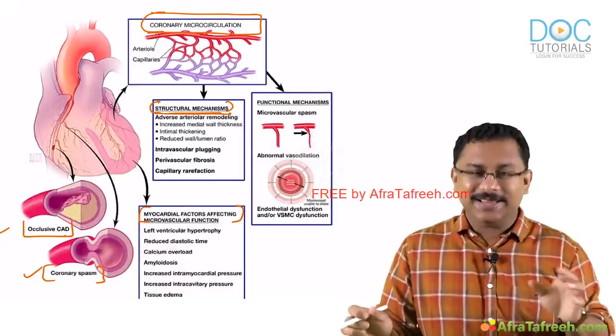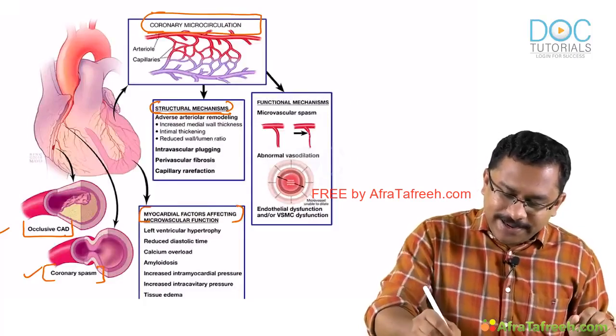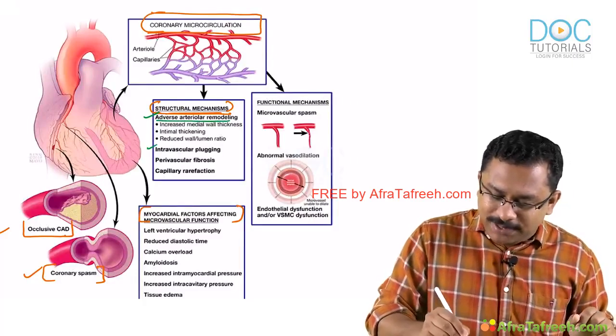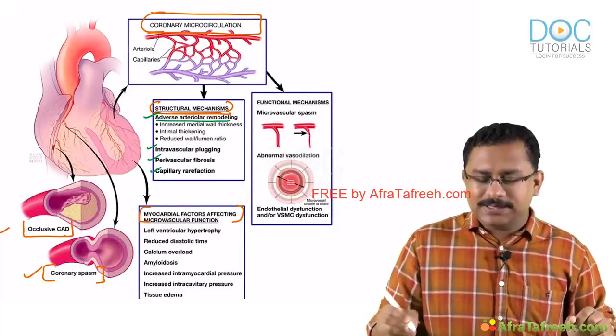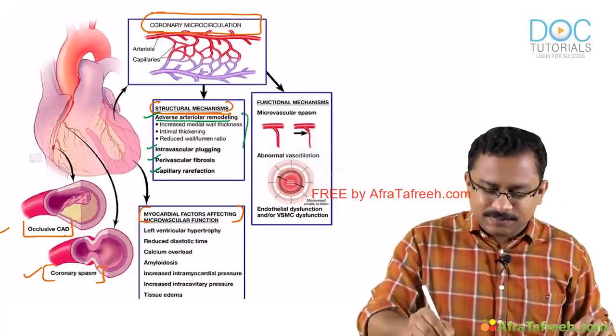Direct structural mechanisms can be adverse arteriolar remodeling, intravascular plugging, perivascular fibrosis, and capillary rarefaction, or loss of capillaries.